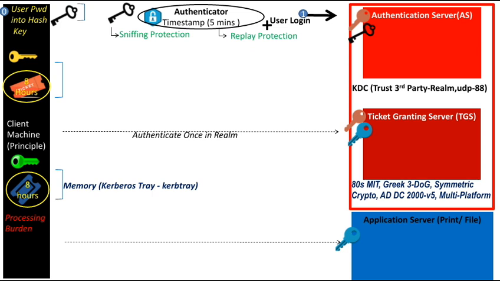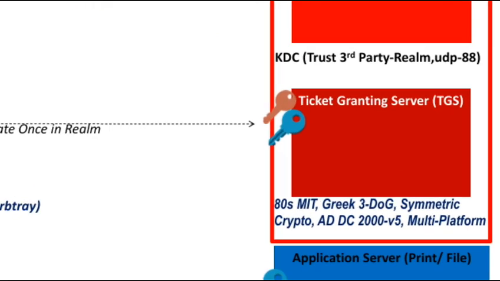This timestamp is checked by the authentication server, and if there is a difference of more than 5 minutes between the time of the authentication server and the client, then this authenticator is rejected by the authentication server.